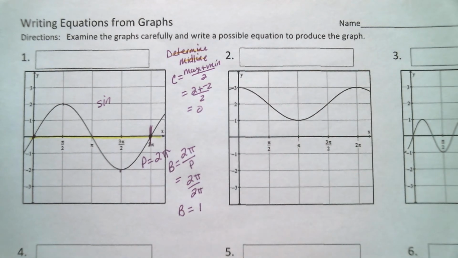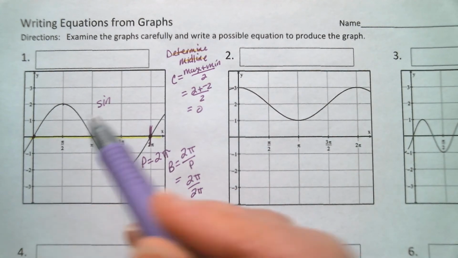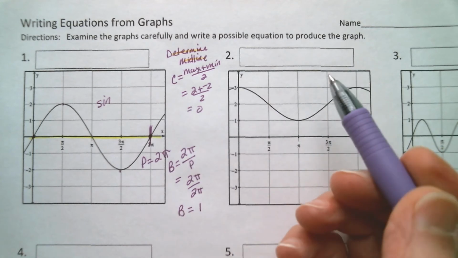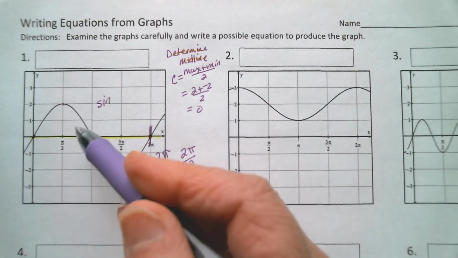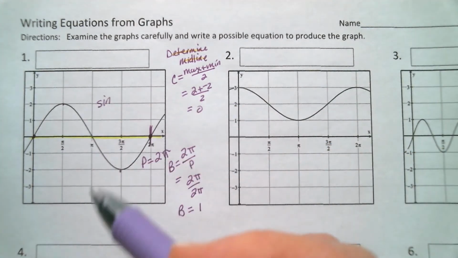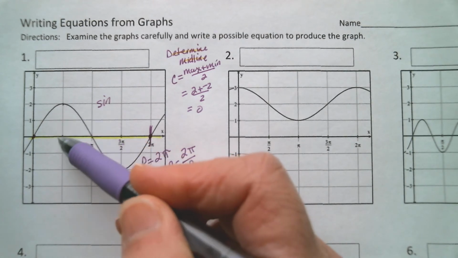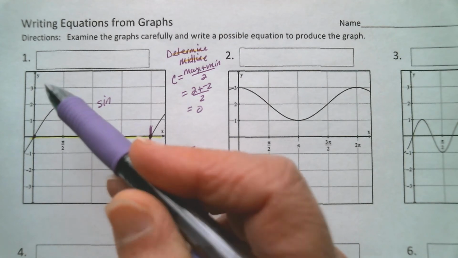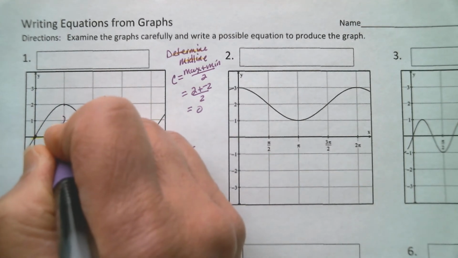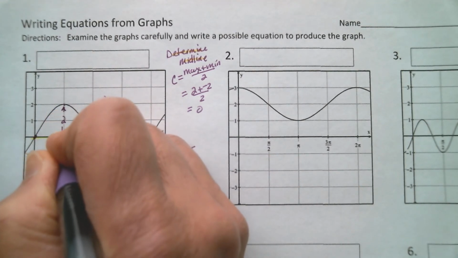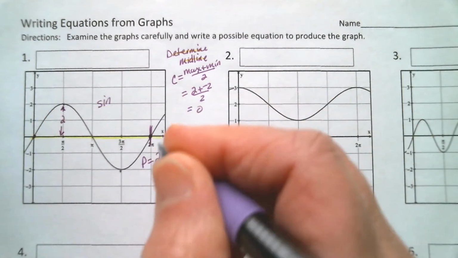Now our A value, we can use the formula max minus min divided by 2. But since we have it graphed, it's very easy to see how far above the midline we go up to get to our max. It's a distance of 2 from here to there. So A is 2.